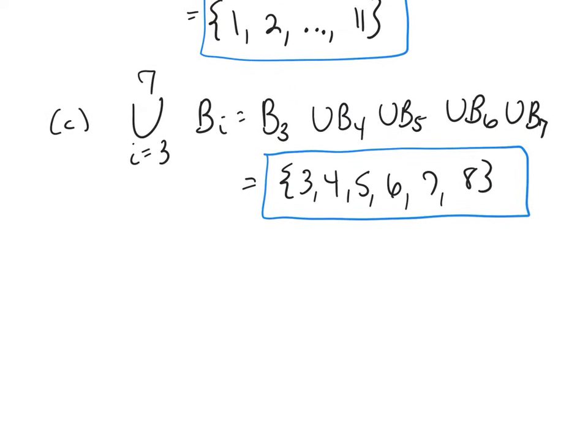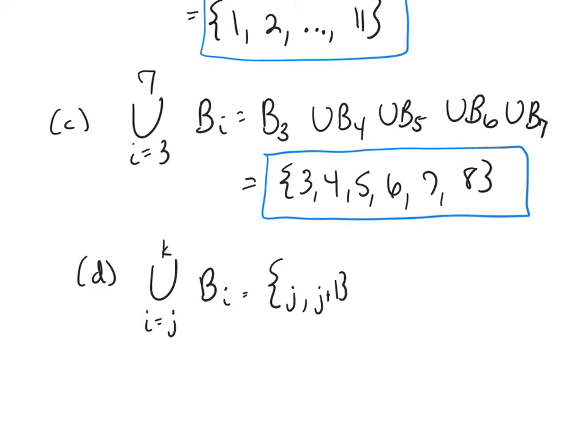So for this next one, what I want us to do is look at the union from i equals j to k of Bi. What I want us to do is essentially generalize the previous part. So let's think about it. Our first one we start off with is j, so it'll be {j, j plus 1}.